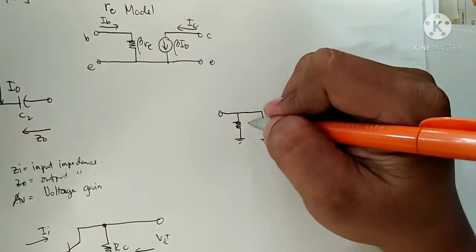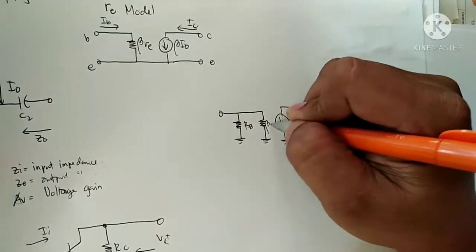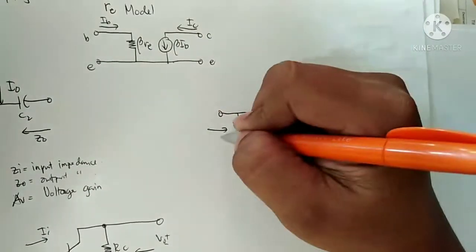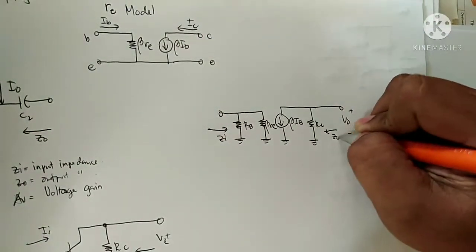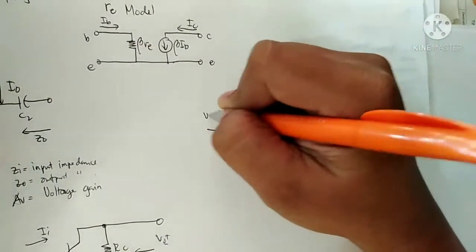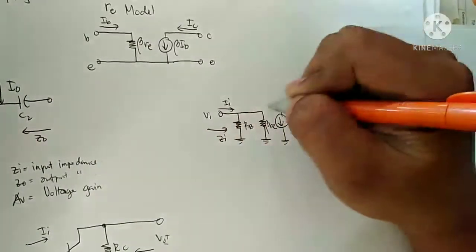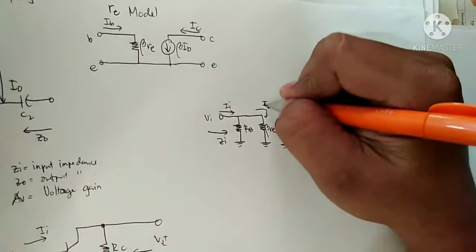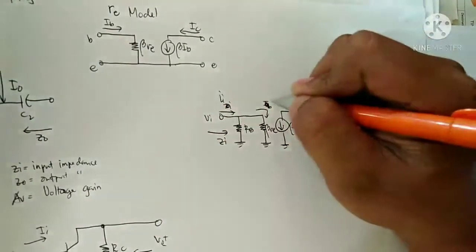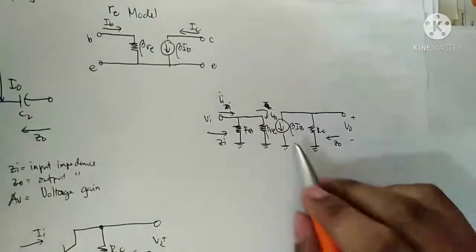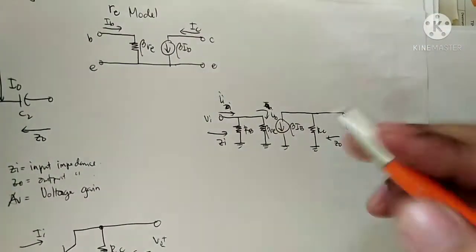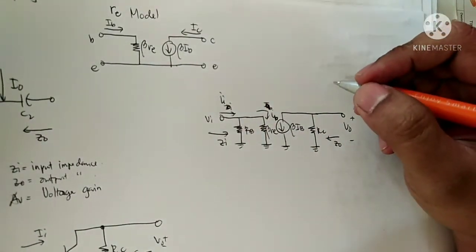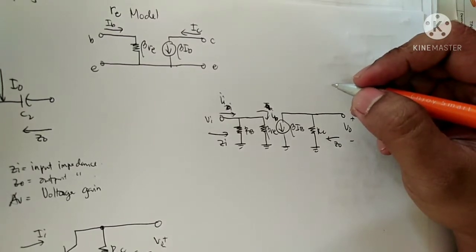So this is RB, this is beta re, RC, this is the input impedance Zi, and this is the output. If it is a small letter, that means it is in AC analysis: small ib, small ii.